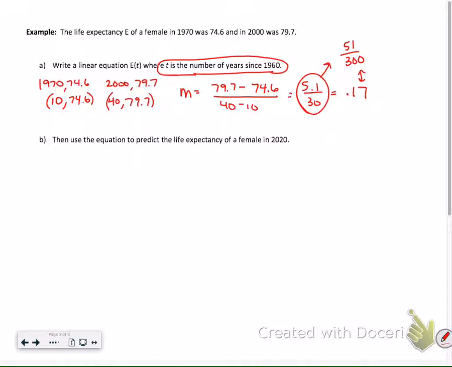Pick a point. I'm going to use the point (10, 74.6). I just picked that because it was the smaller one, and that's what I already had done on my paper. So we're going to have y minus 74.6 is equal to 0.17 times (x minus 10). Okay, go ahead and distribute here.